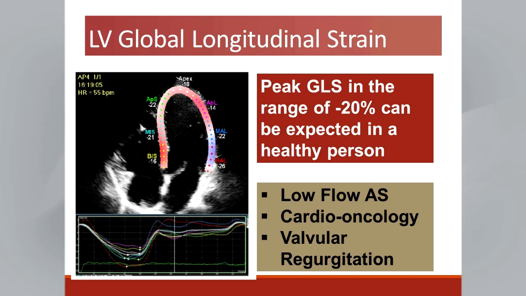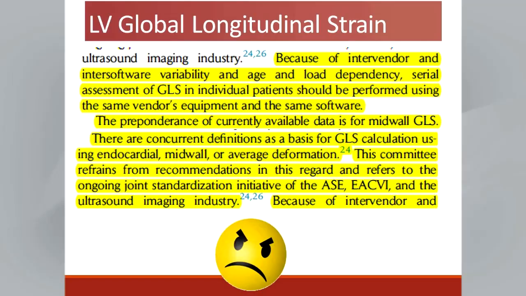Peak global longitudinal strain in the range of minus 20% is what can be expected in a healthy person. I think it's also important to know that we have inter-vendor and inter-software variability, and this parameter can, of course, be age and load dependent.